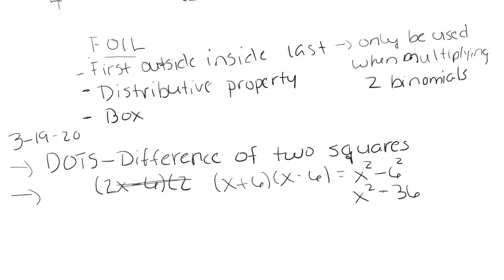Basically it's the square of the first term minus the square of the second term. So difference means subtraction, and this is of two perfect squares.